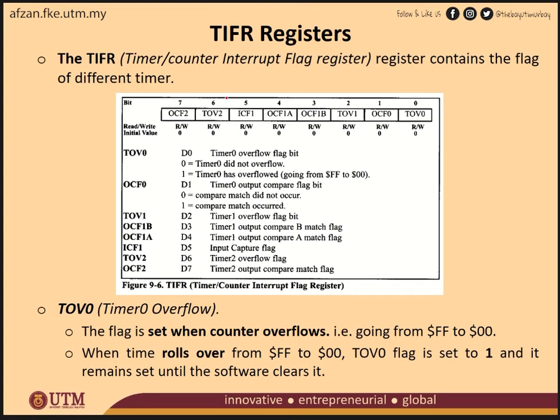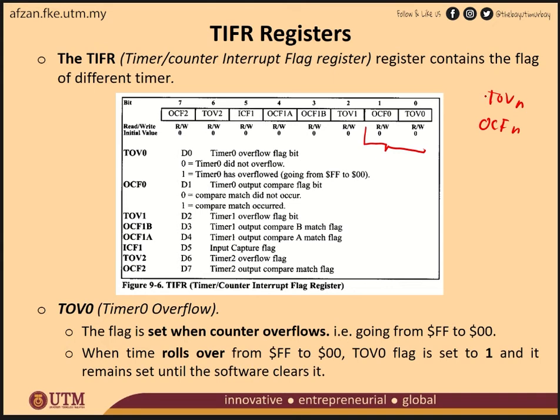In TIFR, you see here you have TOVn and OCFn. This n you can replace with 0, 1, 2.